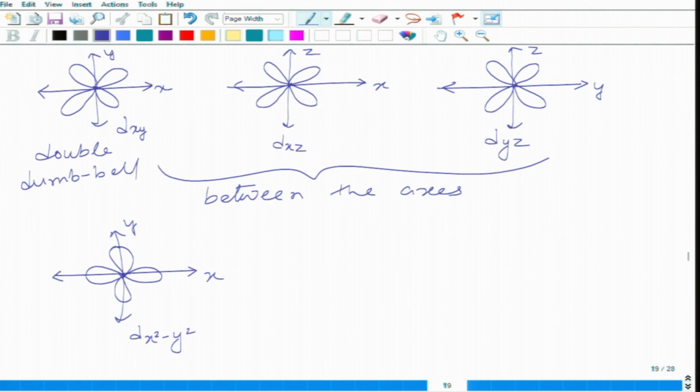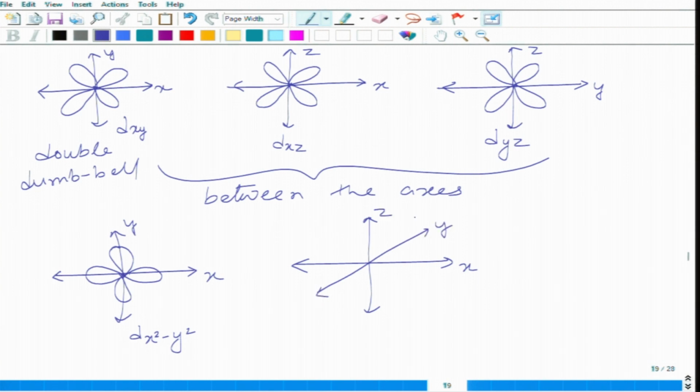All 4 of these d orbitals have quite similar shapes, but dz square has a different shape. All these 4 were double dumbbells, but dz square is one dumbbell with a ring.